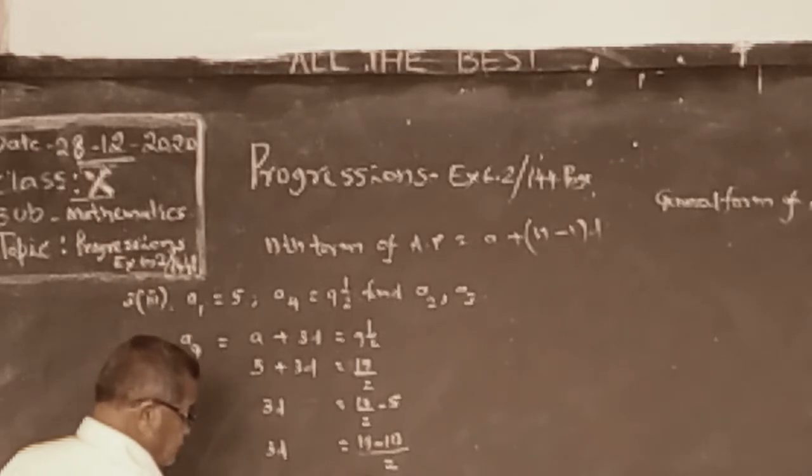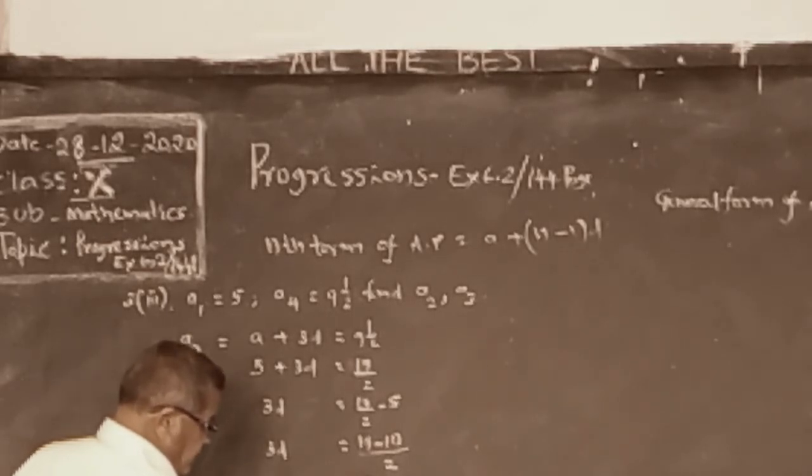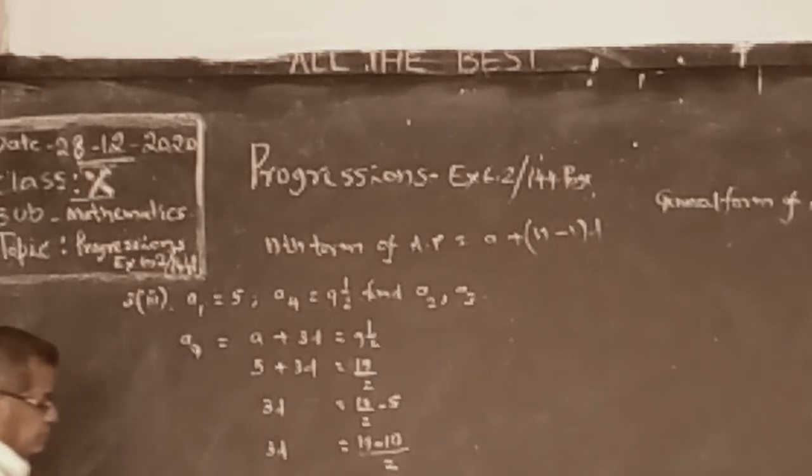D is equal to 9 by 2 by 3. So 3 by 2, 1.5.